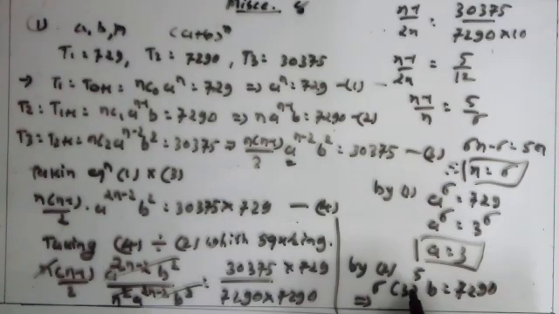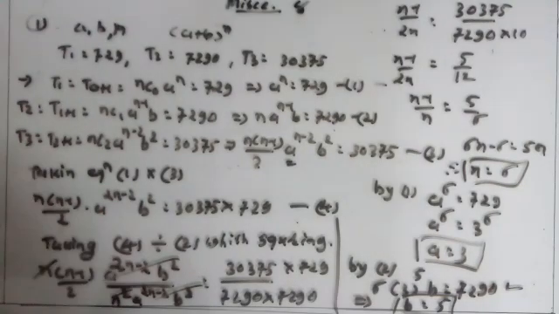This implies 6 into 3 raised to 5, take this side, so the value of b is equal to, using a calculator to find these numbers, b is 5. Okay, after simplification we get b is equal to 5.